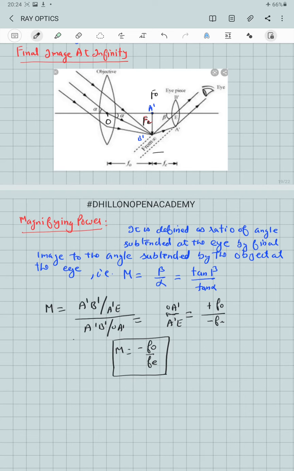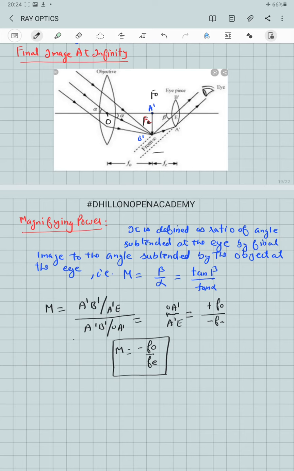Now we can find the values of tan beta and tan alpha from the figure. In the right angle triangle B dash A dash E, tan beta will be A dash B dash over A dash E, and tan alpha we can find from right angle triangle B dash A dash O, which will be A dash B dash over O A dash.